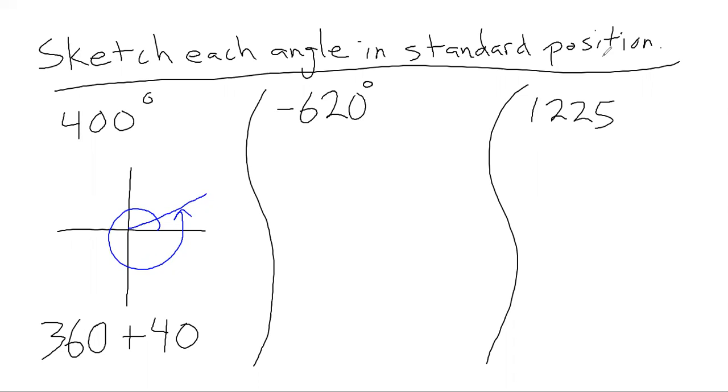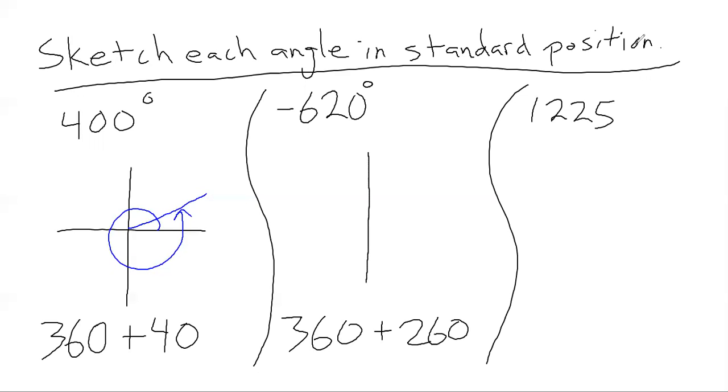Now we could do the same thing going in the negative direction. So for the negative 620-degree angle, I could break this down into multiple angles just like we did the last one. So I could say that this is 360 degrees plus the extra 260 degrees.